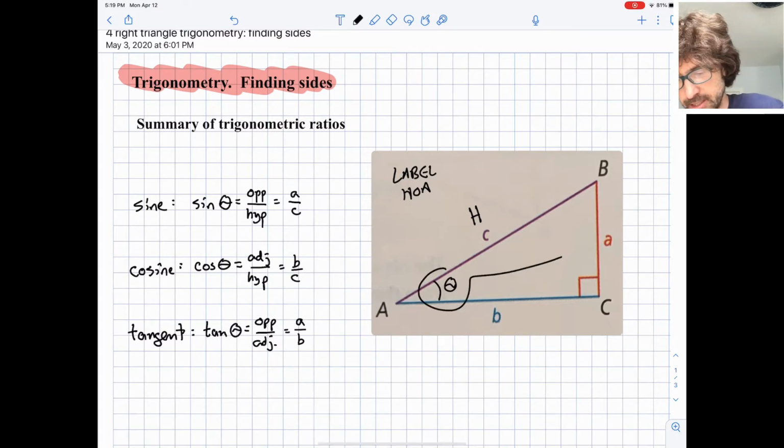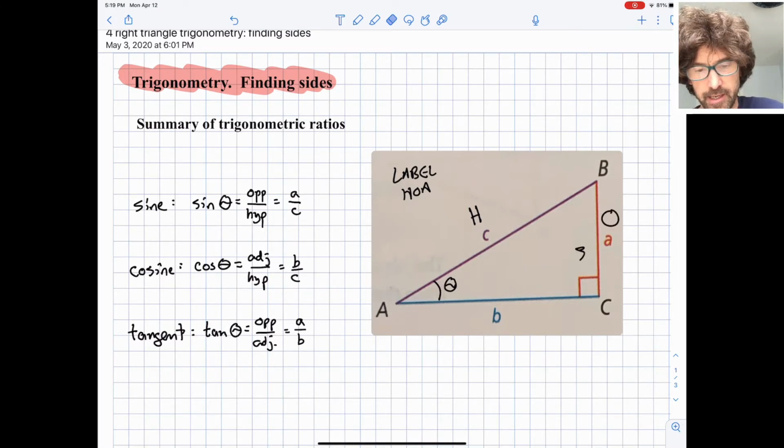In this case, a is the opposite, so I'll label that with a big O. Adjacent means next to. It's the leg that's next to the angle we're working with. It's not the hypotenuse, it needs to be the leg. So, hypotenuse, opposite, and adjacent. It's super useful to label those. Of course we are also labeling these sides as a, b, and c, but those mean different things.